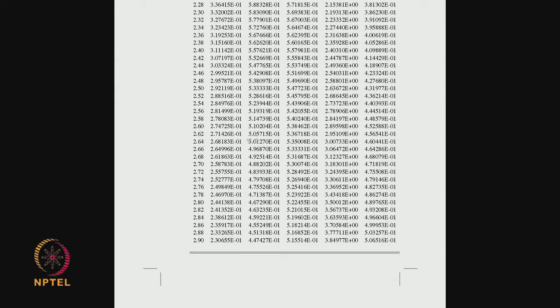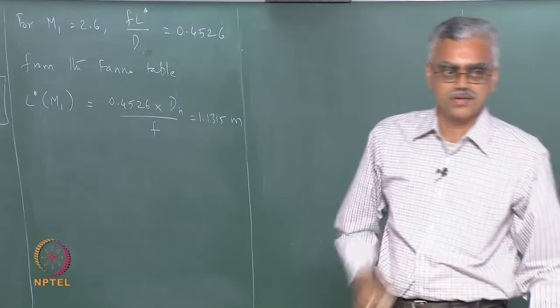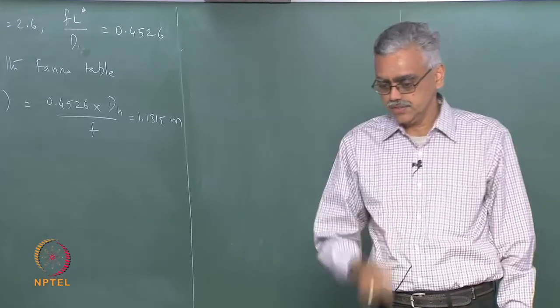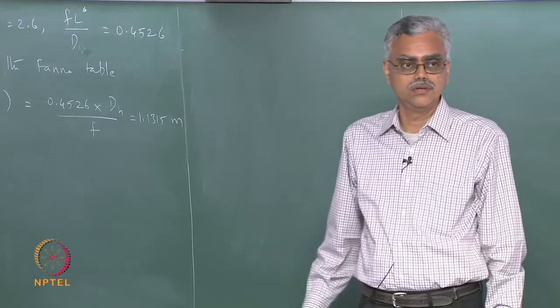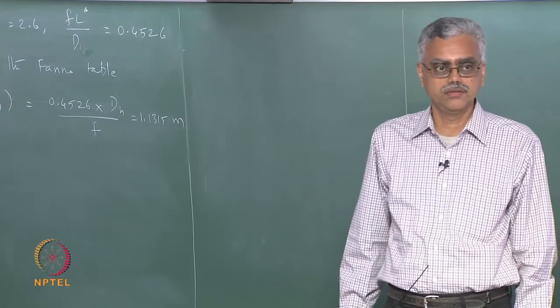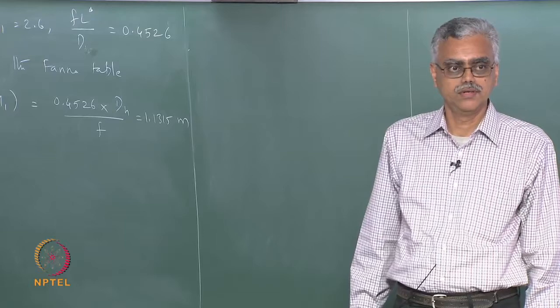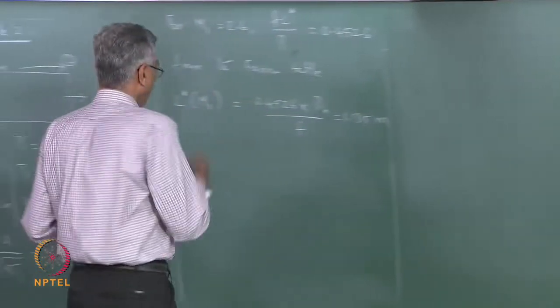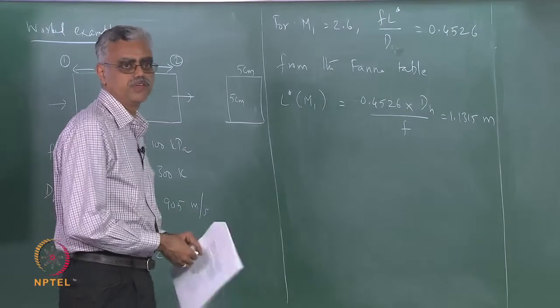No, what I have is correct. That may be 4 f L star. Yes. But we are not using that. We have to use a table which is f L star. We are using Darcy friction factor, not Fanno friction factor. So you have to be okay. 1.1315 meters. That is what we have used.